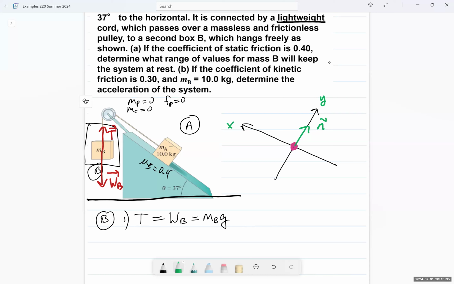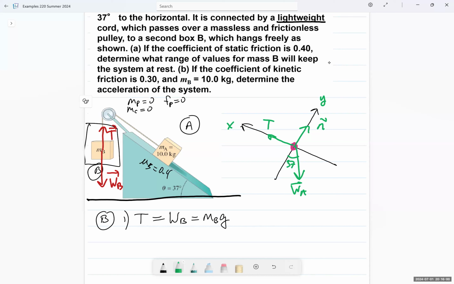So this is Y, this is X. I have gravity, right? So weight of A acting such that it has 37 degrees here. And now I have two forces. One is the tension in the direction of the cord and also friction.